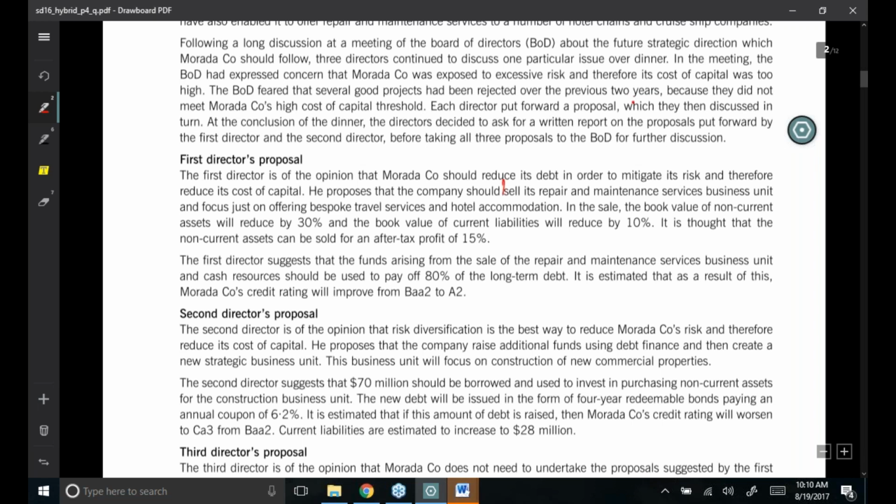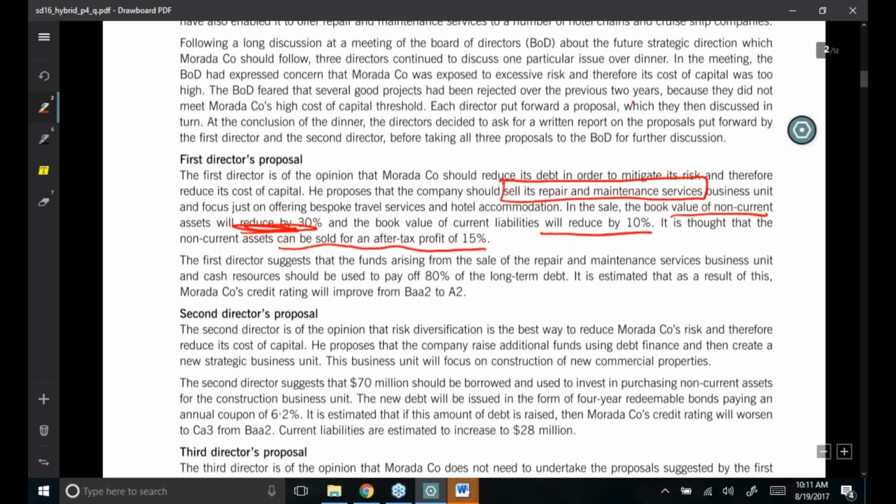So that means you are going to sell the repair and maintenance business. And in that case, your non-current assets will reduce by 30%. Current liabilities will reduce by 10%, and the non-current assets will be sold at a profit of 15%.